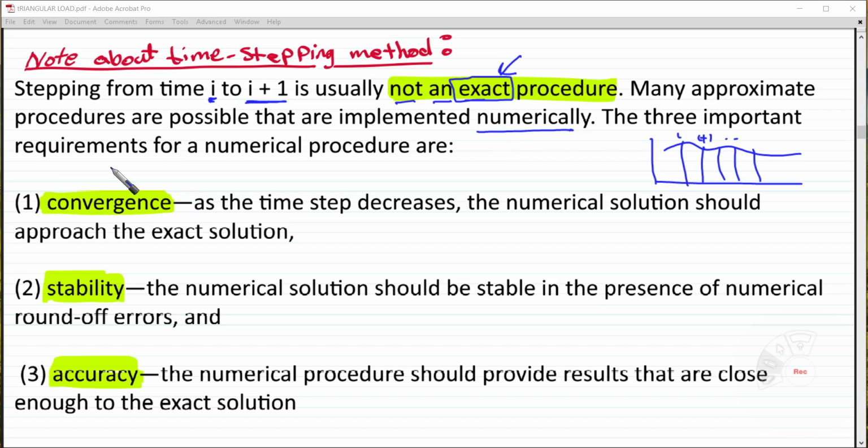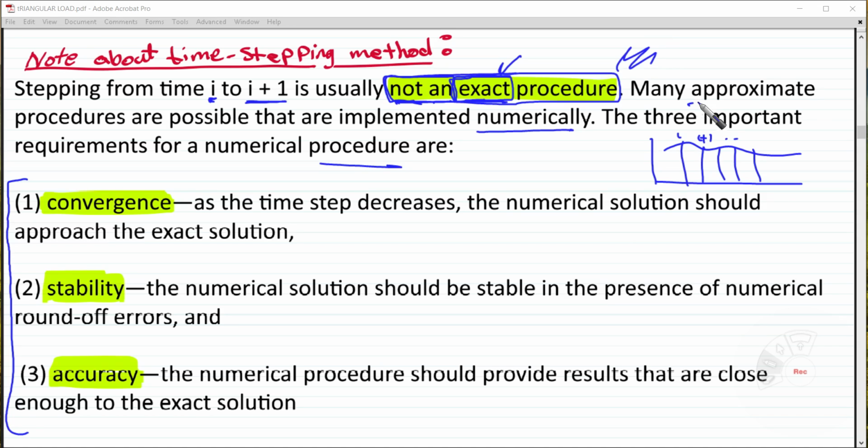The three important requirements for a numerical procedure are guidelines that we put for whatever type of numerical method we're going to use. First of all, we need to keep in mind that it is not an exact procedure. This is number one.